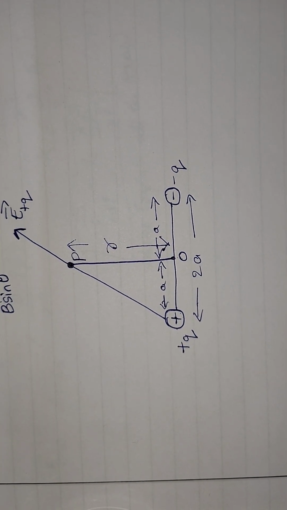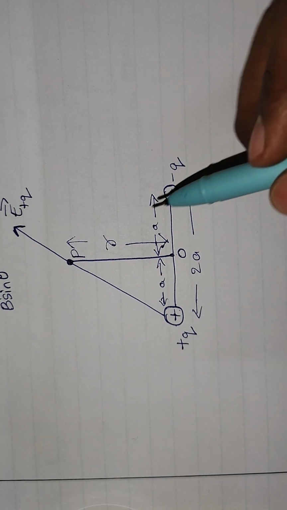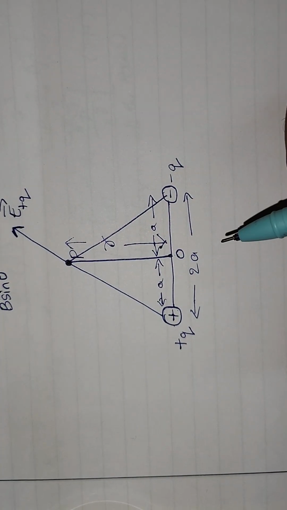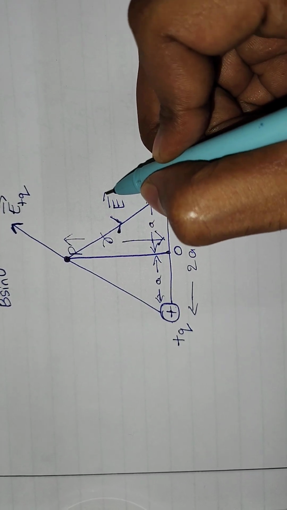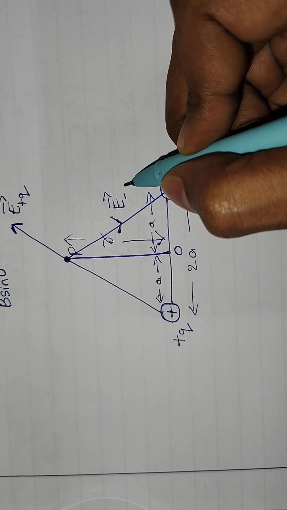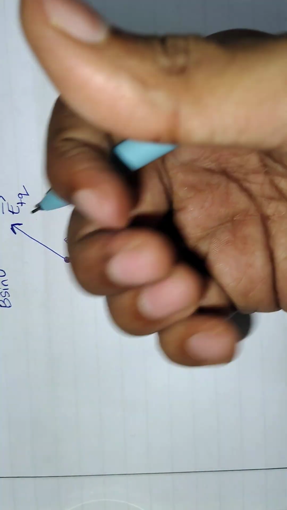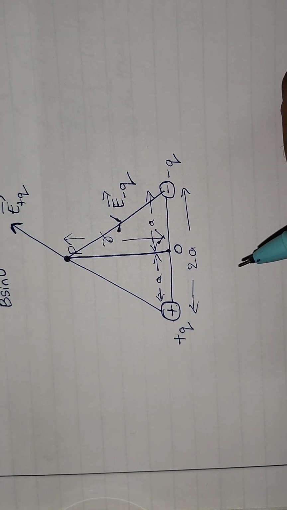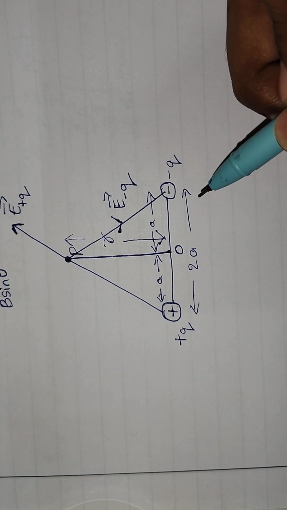Similarly, what will be the electric field at this point due to the negative charge? Draw one straight line. We call this vector the electric field due to negative charge at this point. A negative charge will pull objects, a positive charge will repel a positive charge, so it is radially outward; for a negative charge it is radially convergent.